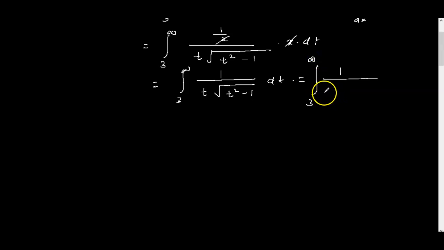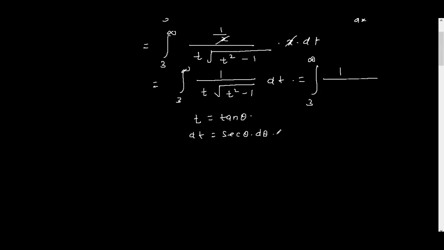To infinity, plus t. This is t square minus 1. So I can write t is equal to tan theta. Okay, so dt is equal to secant square theta d theta, right?